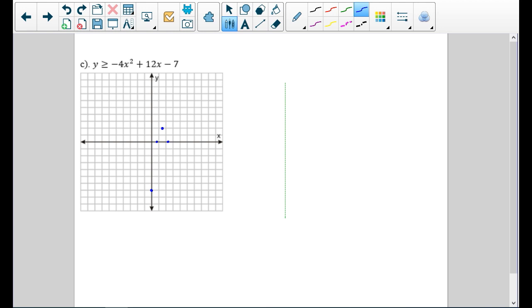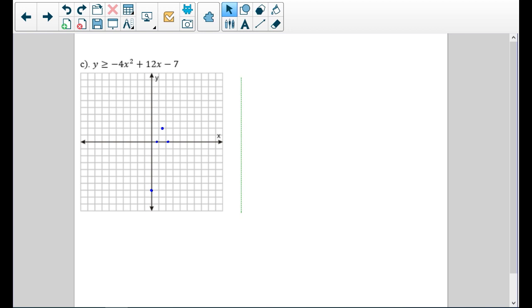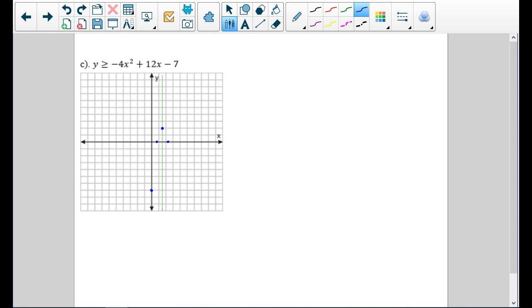And again, we have this axis of symmetry, so from that y-intercept, you can see it's about 1.5. So if I go 1.5, there's my next point. So now y is greater than or equal to, so again, now we're going back to a solid line. So solid lines here. And I missed my lines there, that's okay though.